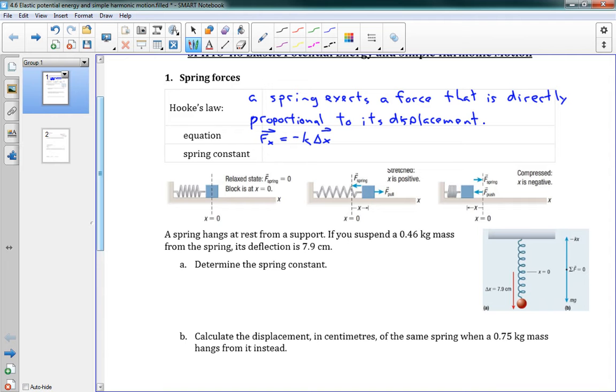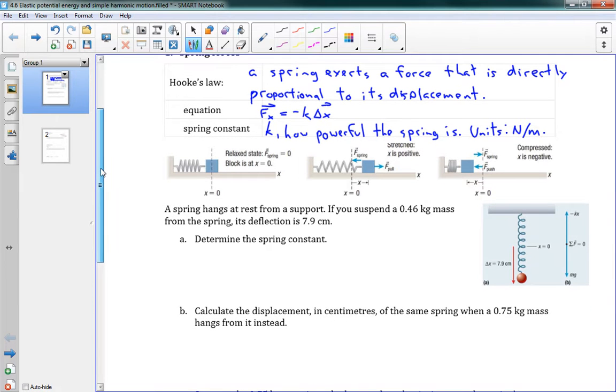And that k value is the spring constant, k, which is how powerful the spring is. And k has units of newtons per meter. And that makes sense. We're saying that for every meter of displacement, we're going to have a certain number of newtons of force.